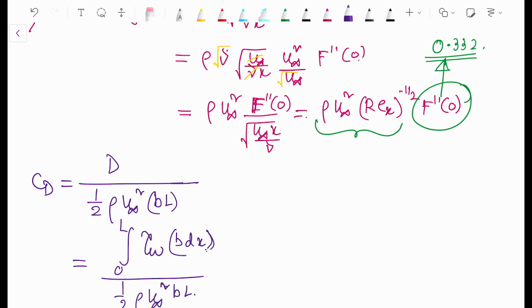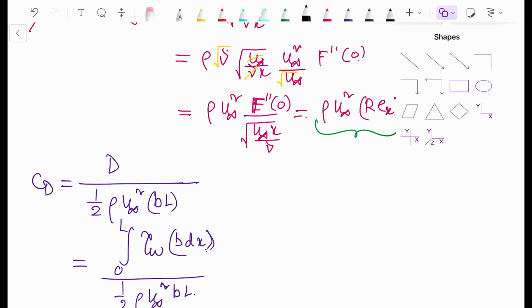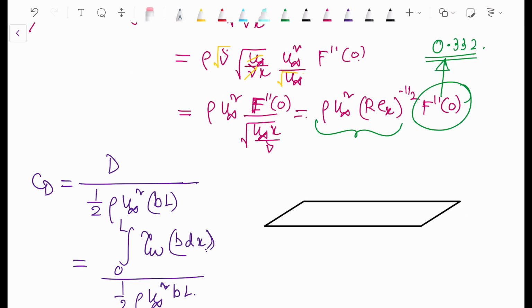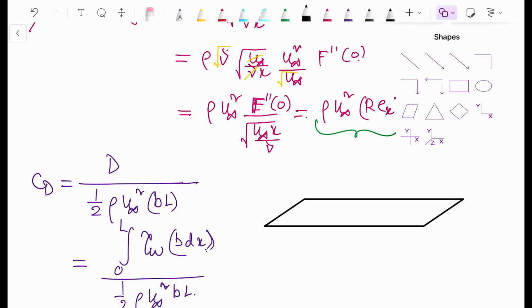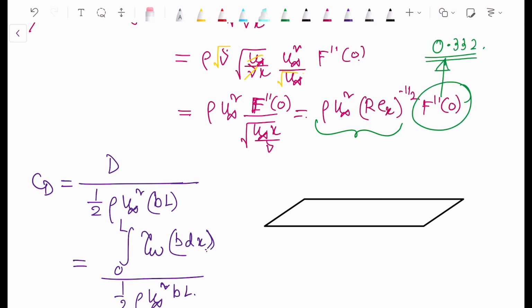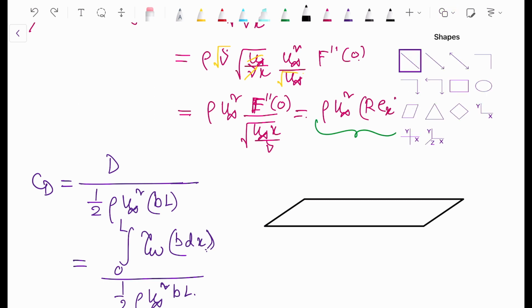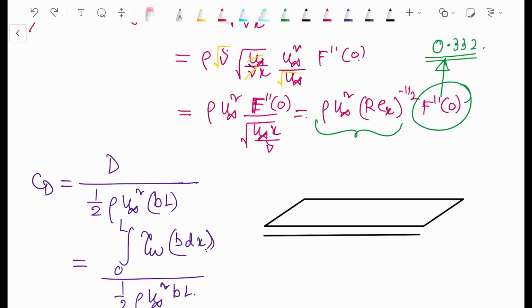So how did I get this tau into b dx? Just consider a plate like this, and we have to draw a finite thickness also.